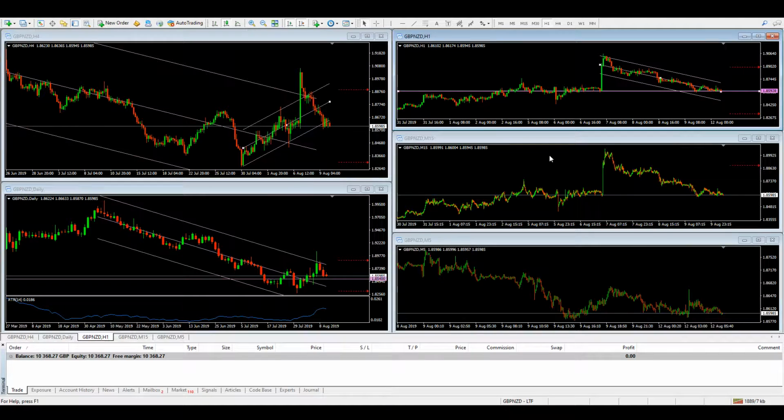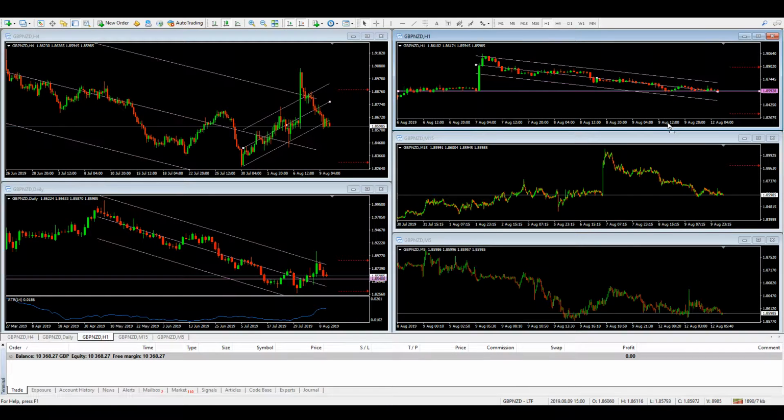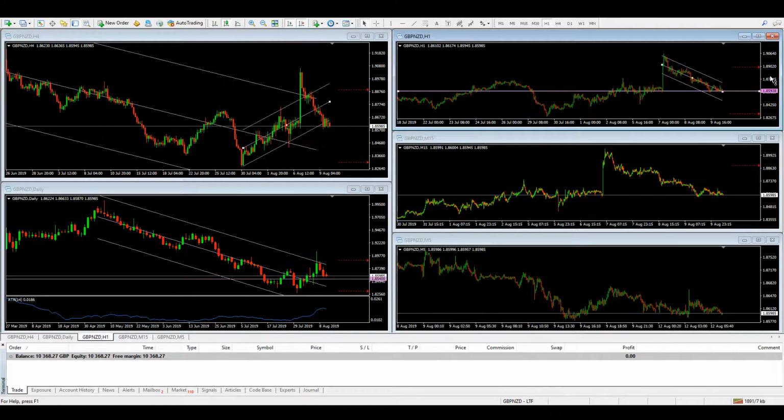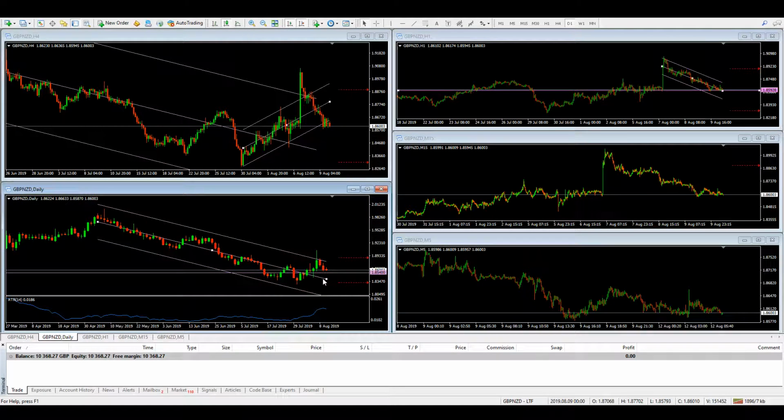So on a 1-to-1 reward to risk, like I said, with 1% risk, our stop loss is above here, so we're clearing these highs and clearing these previous lower highs as well. We're outside the standard deviation channel, and it would mean that we'd be looking for a take profit around here, which makes sense in terms of the daily time frame, because it's before this previous lowest low so far, which is preferable to it having to move beyond that level.